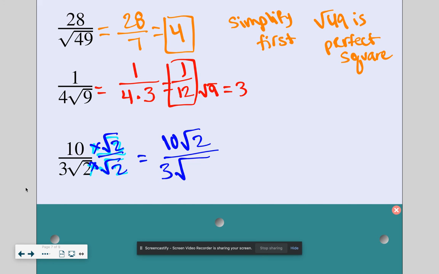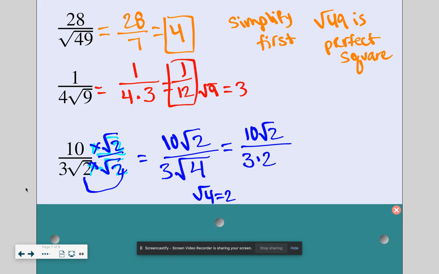And then we have to multiply if they're both in a radical. So we have 3 square roots of 4. So the same type of thing that was going on up on the top. So we have 10 square roots of 2 all over 3 times 2, because square root of 4 is 2. Okay, that's what we did right there.